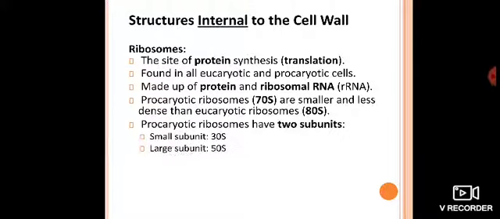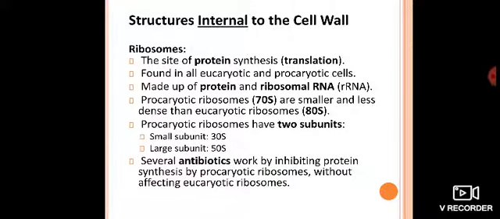The second one is the ribosome. What is the ribosome and how is it essential? The ribosome is the site of protein synthesis. Everybody knows that the ribosome is the site of protein synthesis. I think no one here doesn't know the role of protein in bacterial synthesis.